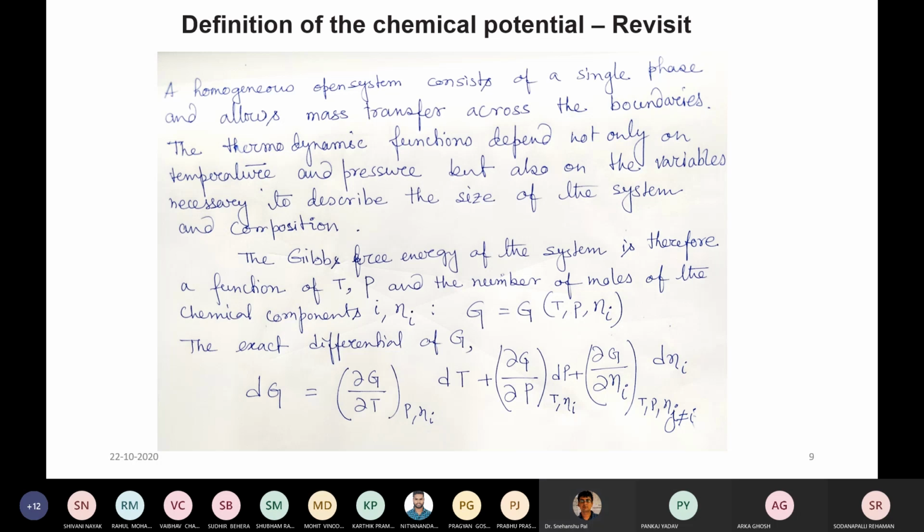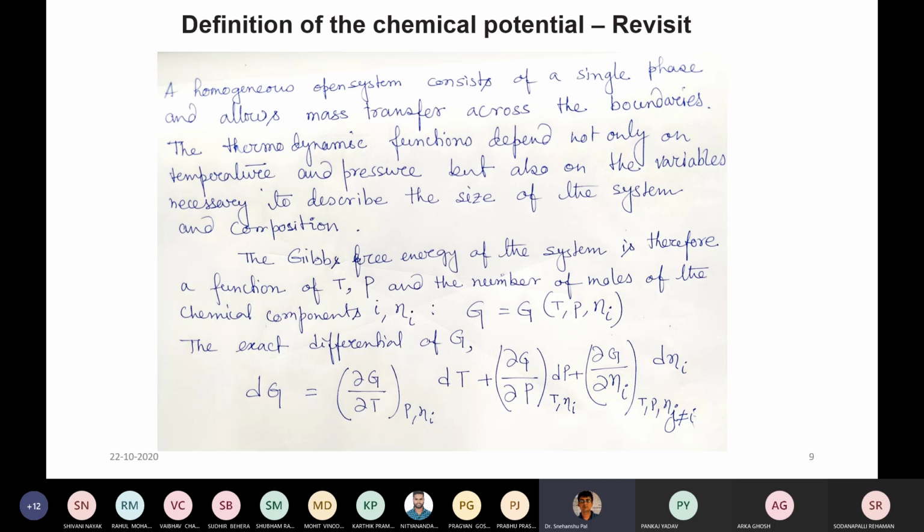So till date, we have not been talking about transferring mass across the boundary of a system. We used to talk about always closed systems.